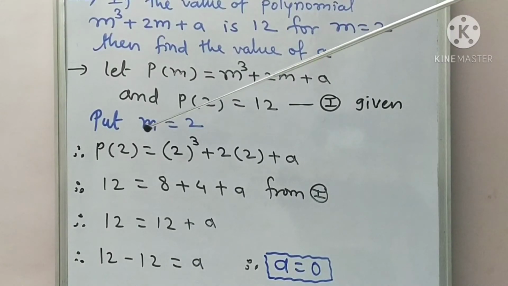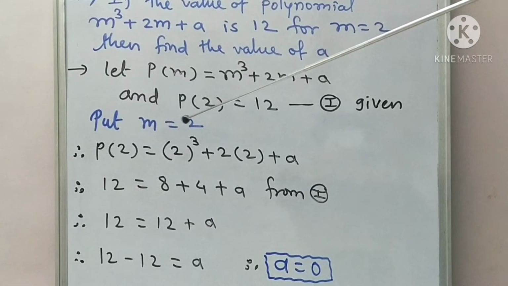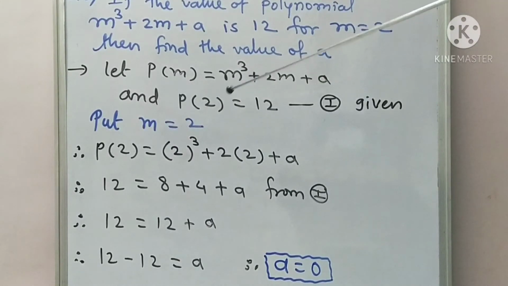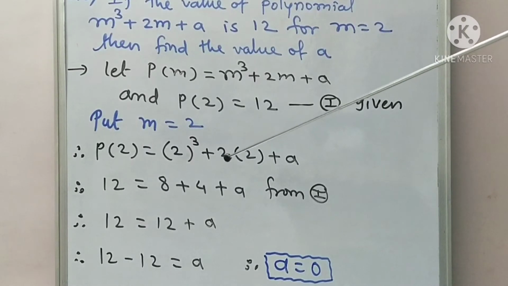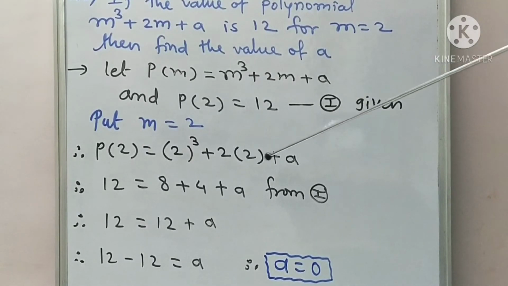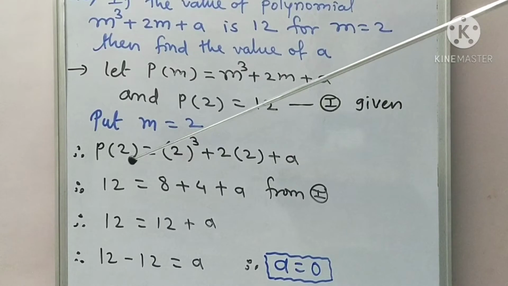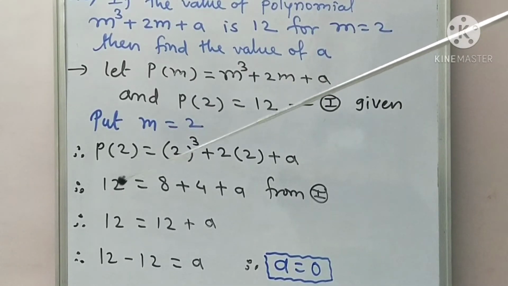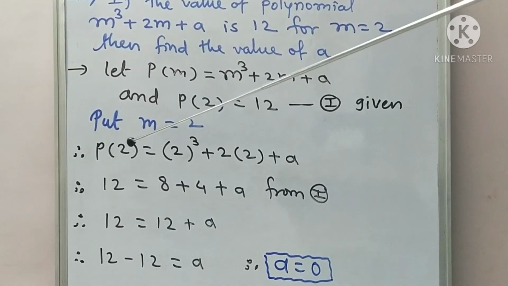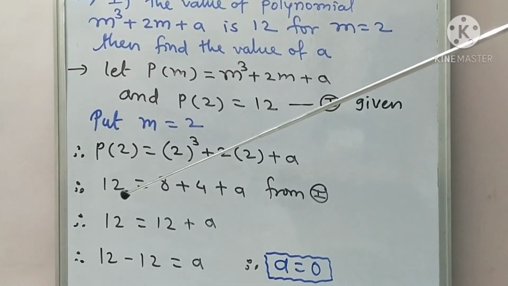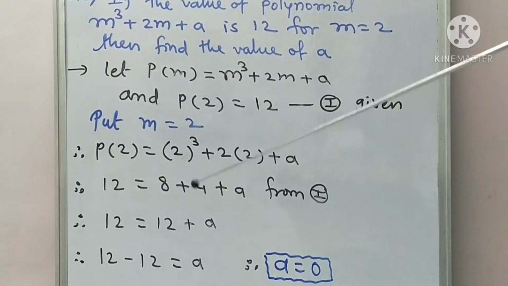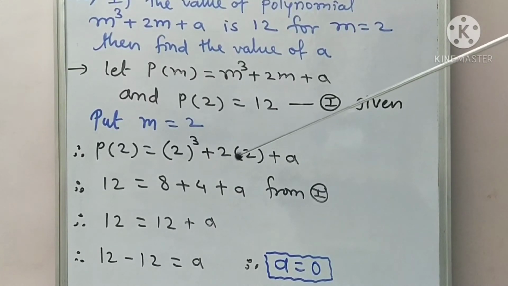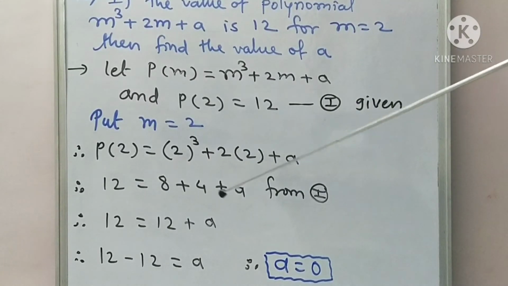So as we put the value of m as 2, p of 2 equals the cube of 2 plus 2 into m, meaning 2 into 2, plus a. But the value of the polynomial for m equal to 2 is 12. So on the left side we take the value as 12 equal to, here we simplify, the cube of 2 is 8, plus 2 twos are 4, plus a.